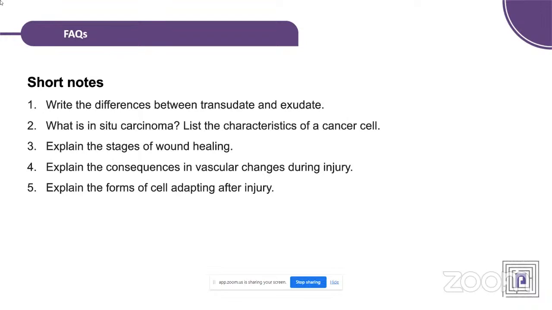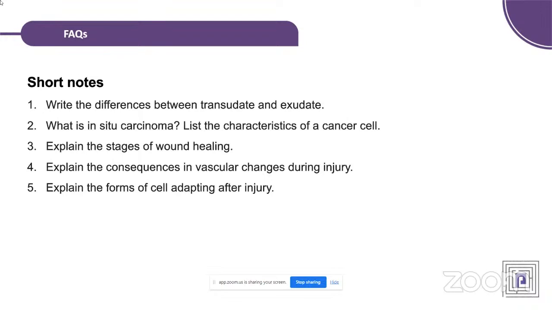The first thing you need to see is the vasodilation, and then change in the rate of blood flow, and the stasis, slowing of the circulation, and then changes in the bloodstream and migration of the white blood cells to the site of the injury. All these steps, you had better draw a diagram and flowchart for the representation in the exam.